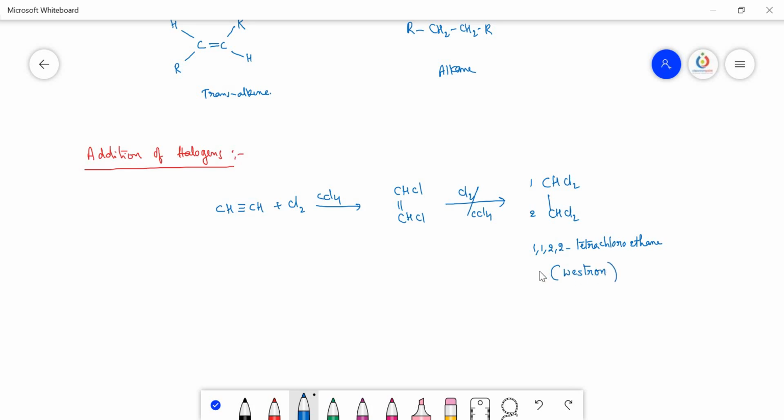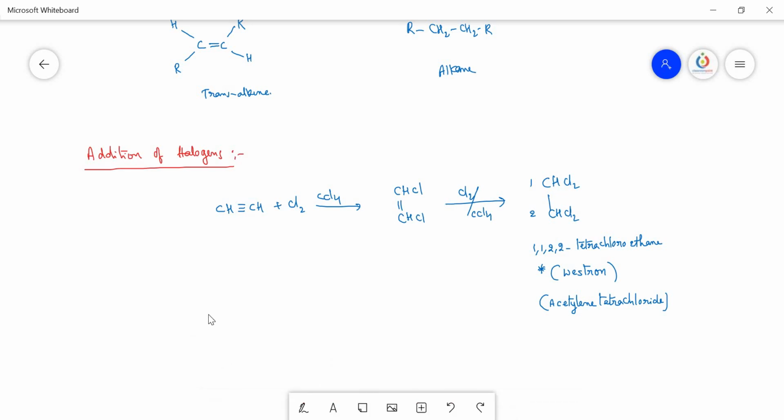In objective questions, they used to ask about Westron. Westron means tetrachloroethane, or simply it is also called acetylene tetrachloride. So partial halogenation gives this particular molecule, and complete halogenation gives this type of molecule.